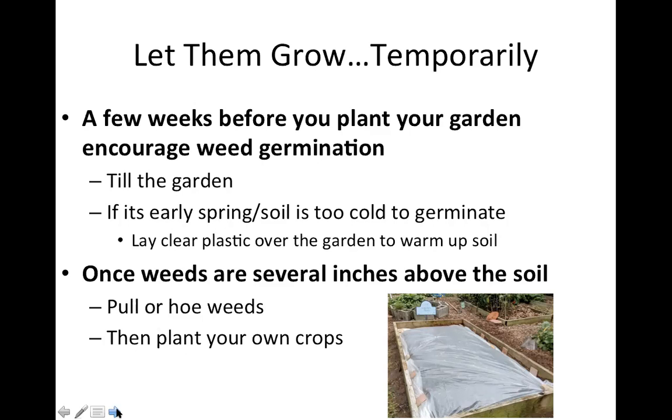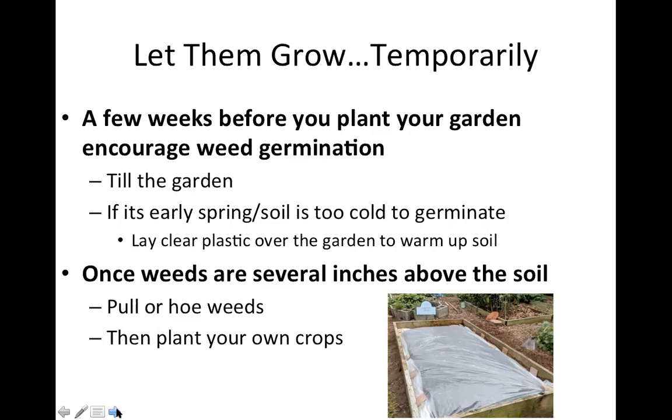Tilling is a great way for buried weeds to come back up. So another advantage of no-till methods is you're not constantly doing that, because some weeds can stay for years in your soil. Sometimes there's this burning tool, like a blowtorch made for farmers. That's the only way to really kill some seeds, is to burn them.